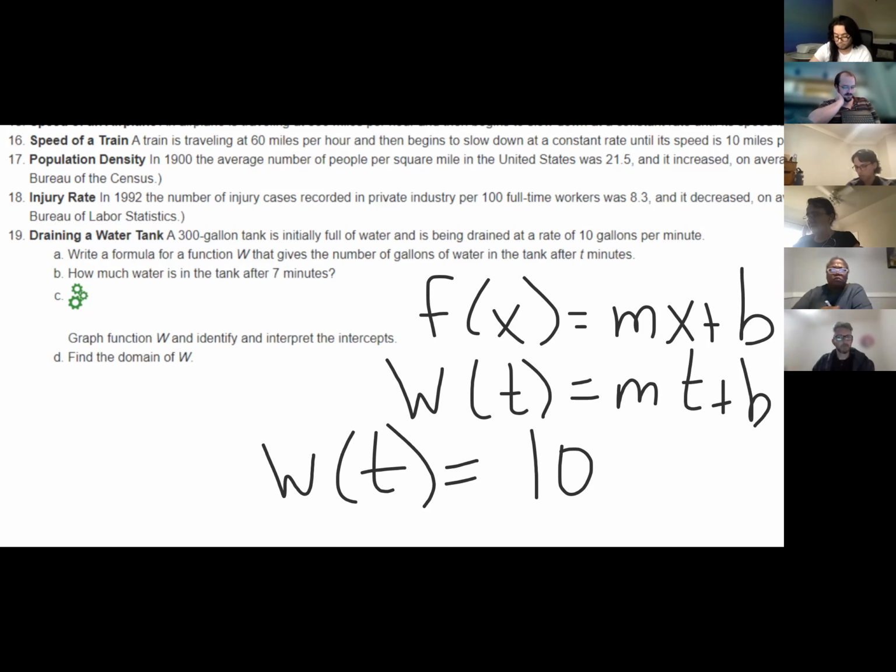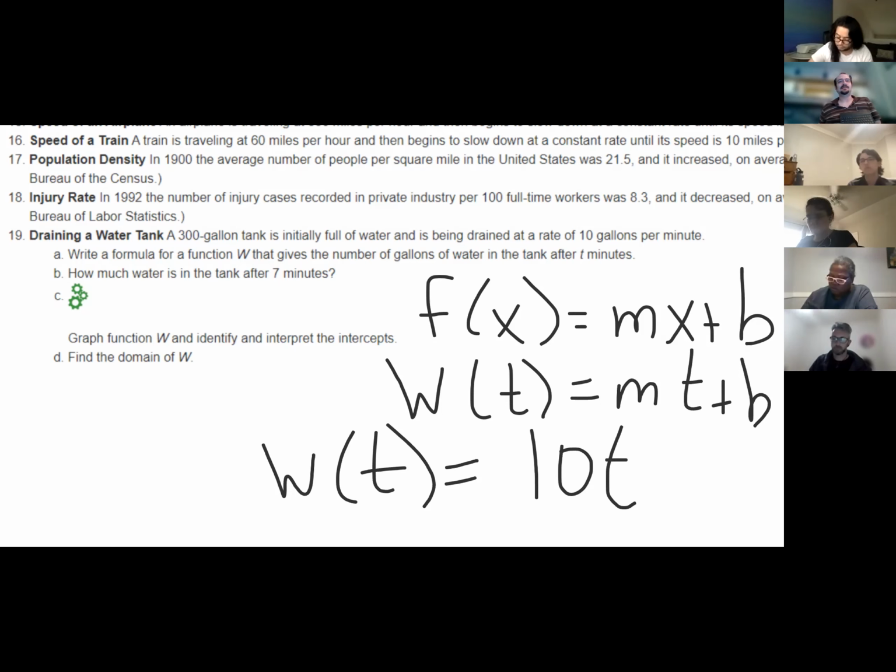It should be 10 gallons per minute. That's what the problem says. It's draining at 10 gallons per minute. And so it is 10, and there is a t attached to this thing. Anything else about that?